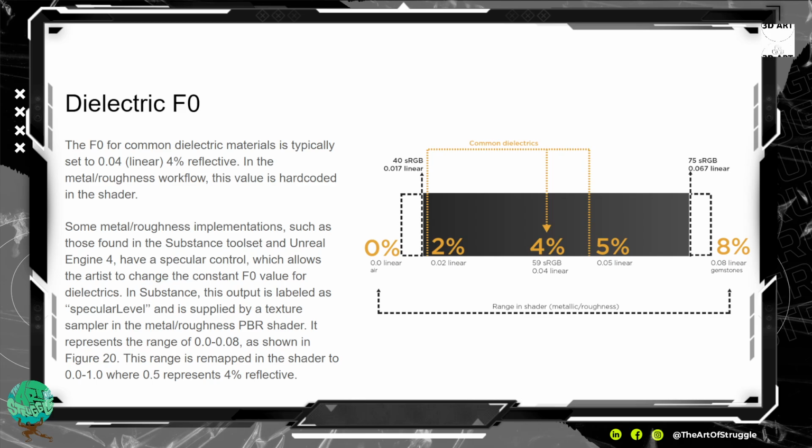What that means in the metal roughness workflow is this value is hard-coded into the shader, right? It's what the shader is going to automatically default to whenever you paint black in your metal map. It's going to go, all right, he's trying to say this is a value of 0.04. It's not a metal. That's what we're going with.